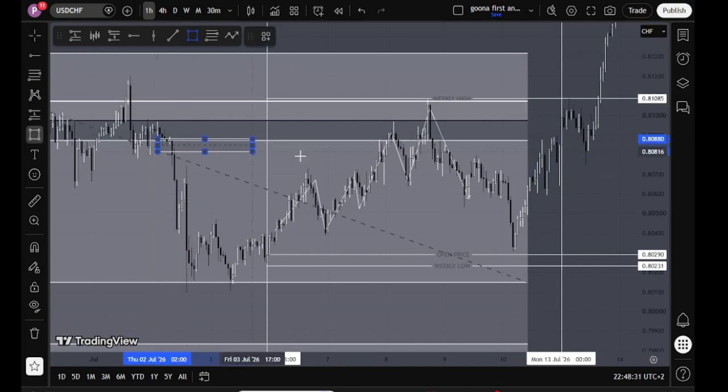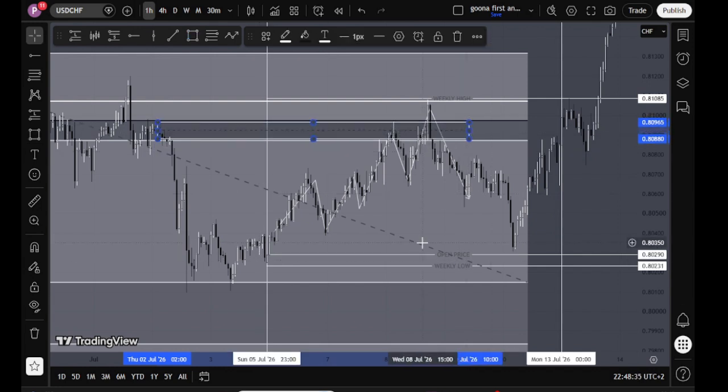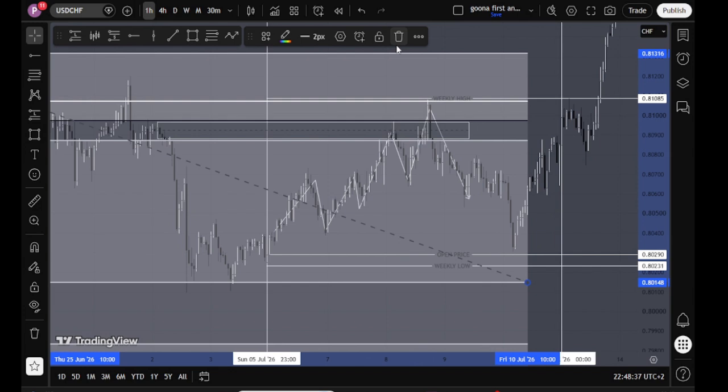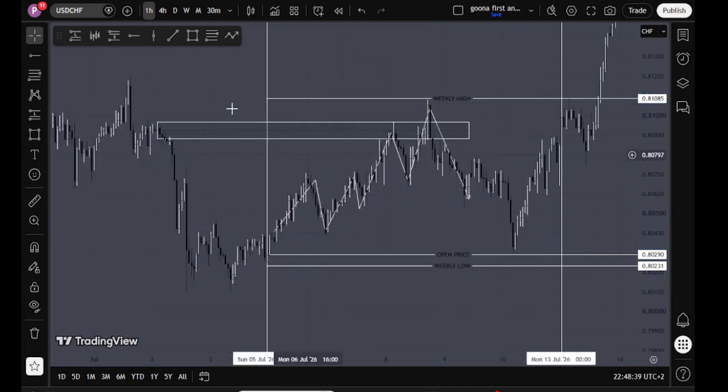Let's use the 1 hour. You take this order block, put it in like this. So this order block is in your OTE. So as you can see, Monday, Tuesday wasn't pushing that much. It was consolidating for a while, like something like this, as you can see.